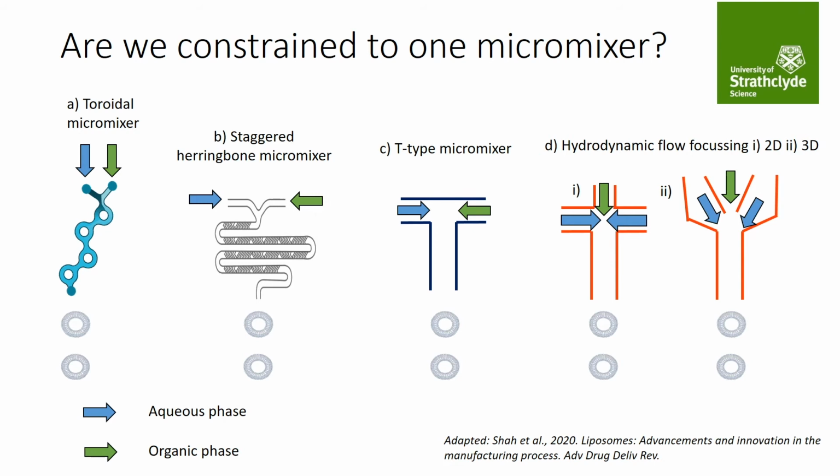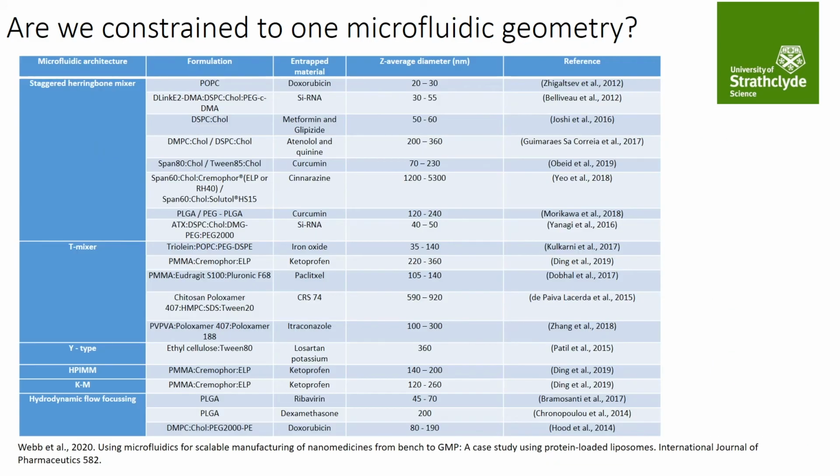There are obviously quite a lot of micromixers available to be used, and clearly from the table and the figure that I've just shown, there are plenty of options. However, a lot of these do come with inherent disadvantages. For example, hydrodynamic flow focusing leaves the formulation quite susceptible to fouling after a while.